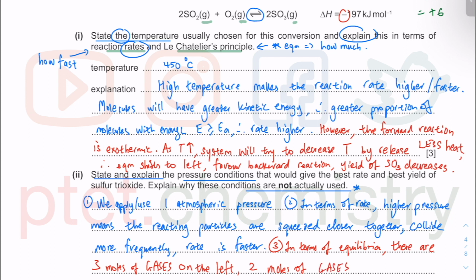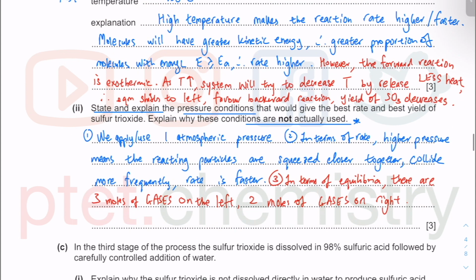So you think about it: the greater the number of moles of gases, the greater the pressure exerted. So when pressure increases, the first thing the system will try to do is to oppose the change. The system tries to decrease pressure. And how do you decrease pressure?